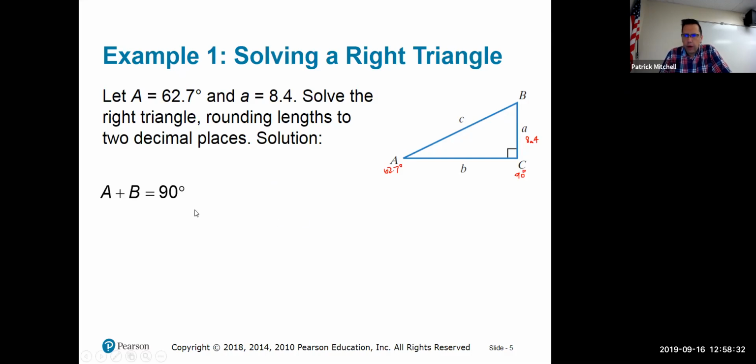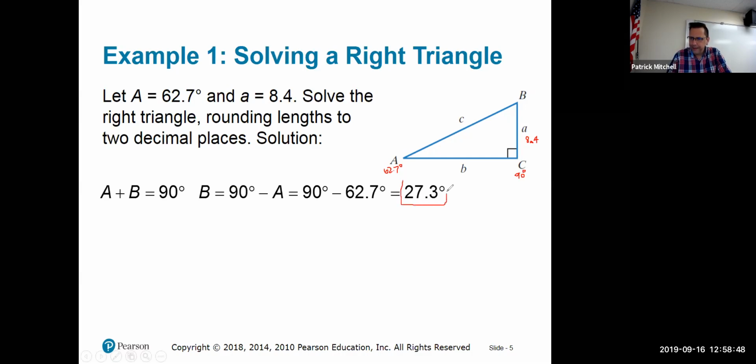They're saying it a slightly different way: angles A and B have to add up to 90 degrees because we already know angle C is 90 degrees. So that means that angle B is 27.3 degrees. But we still have two unknown sides.